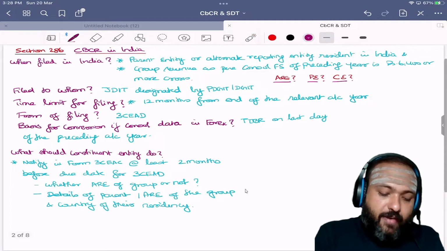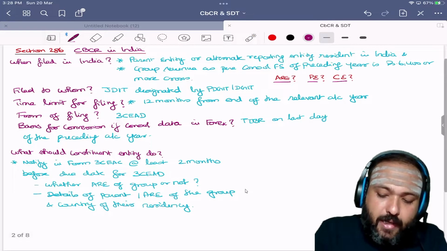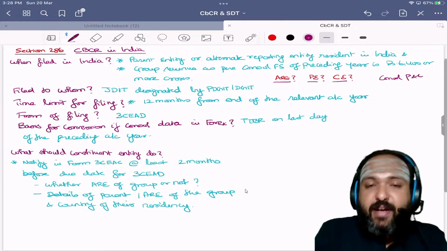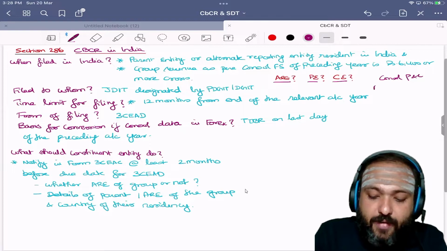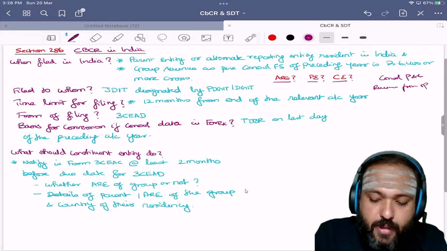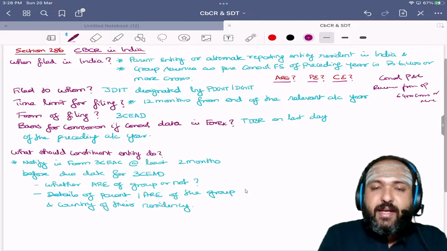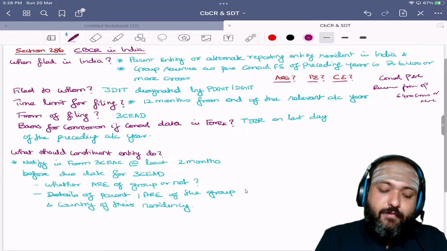So, if I take the consolidated P&L, revenue from operations should be 6,400 crores or more than that.